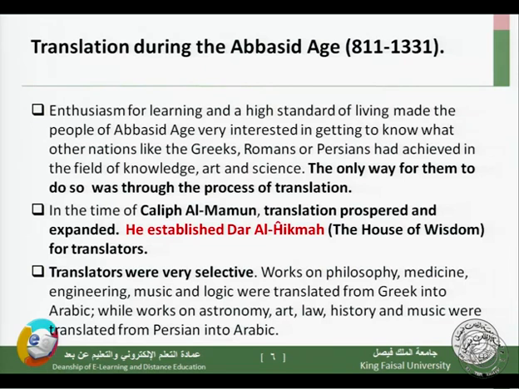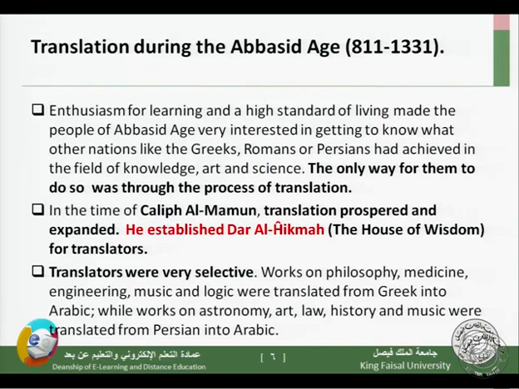So the only way to know what these nations had achieved in the field of science, in the field of art, in the field of philosophy or learning, was only through the process of translation.